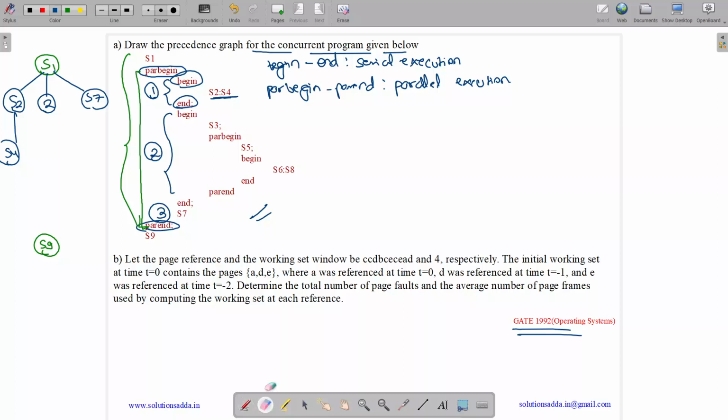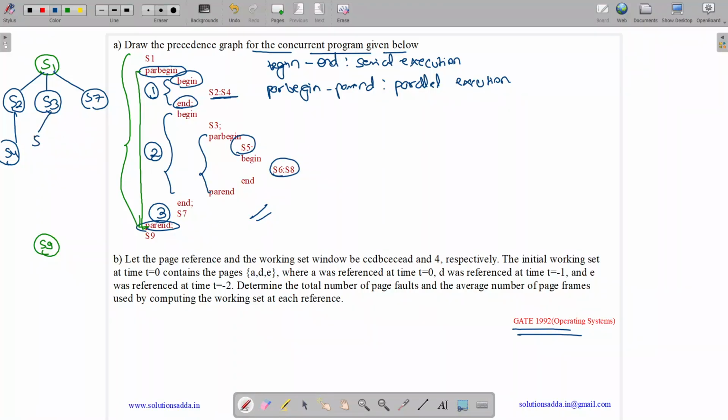Now let us decode the second part. The second part begins with S3, then parbegin parend. So first S3 would be there, then this parbegin parend part will be there, and inside this S5, S6, S8 can execute parallelly.